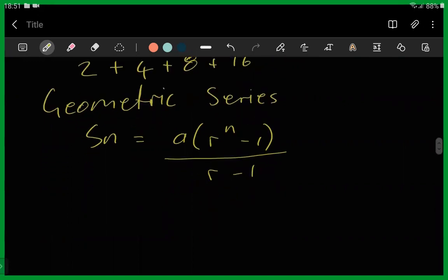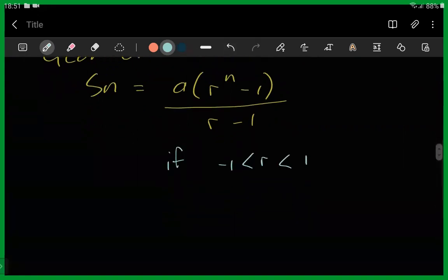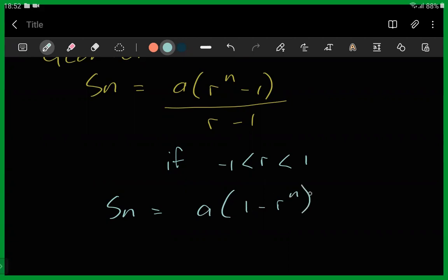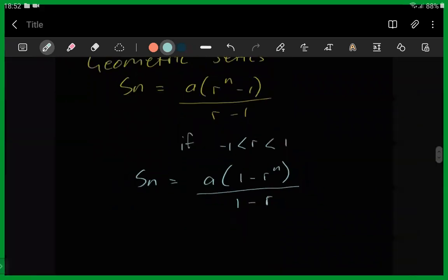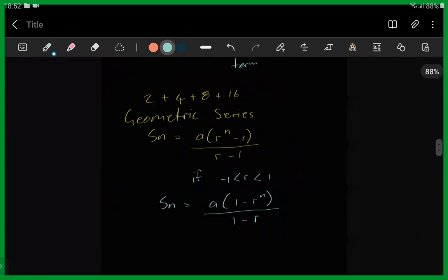We also know that if r is between -1 and 1, then you can also use this version. Both versions are fine. It's something you can expect to see from your study guides and all that. So this is this.